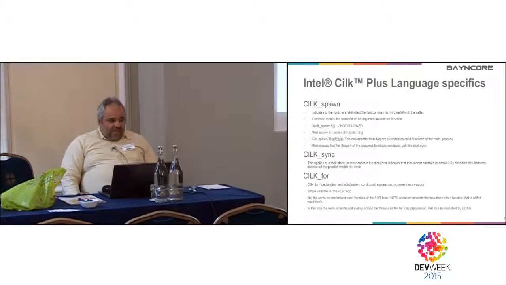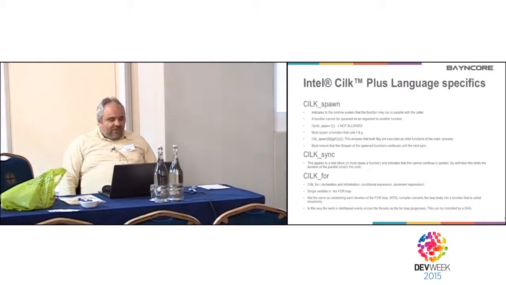Okay, so this slide here is really just talking about some details about how and when you use cilk_spawn and cilk_for. There are some subtleties about how you would call those functions, primarily because you want to ensure that there's no hierarchy of threads when, in particular, the cilk_spawn and the cilk_for keywords are actually called, because like we said earlier in the presentation, the managing of the threads within the Cilk Plus paradigm is really devolved to the operating system, and you don't want to interrupt that managing of the threads, really.